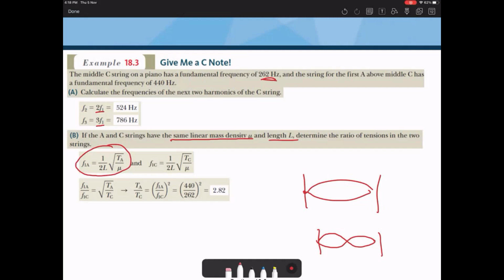Instead of playing a C note, which is 262 Hertz, you try to adjust it to play an A note with a frequency of 440 Hertz. So you are comparing the frequencies. The ratio of the frequencies is related to the square root of the ratio of the tensions from the equation here. It is just dividing F1A by F1C to obtain the equation.